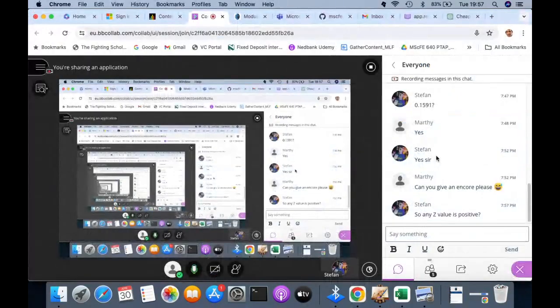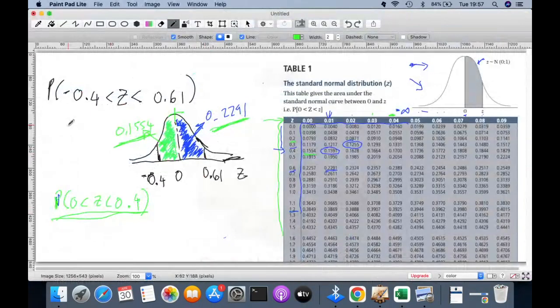So any z value is positive? Yes. The table only gives you positive z values. So if you're asked to work out the area from a negative z value to 0, then you just switch it around and look for its positive counterpart.